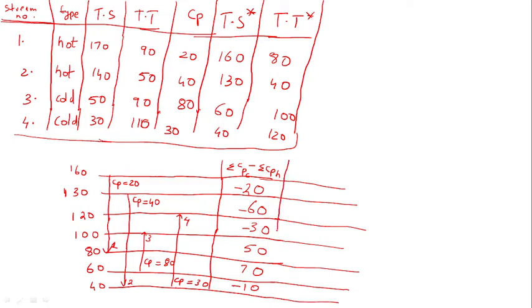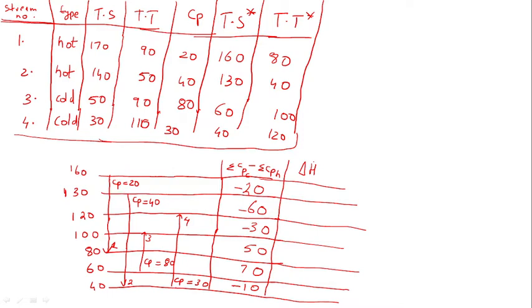Next we need to find the enthalpy change in each interval, which is given by delta H, which is equal to delta Cp into delta T. Delta T is the temperature difference between these two levels. Suppose this is 160 and 130, so here delta T will be 30.